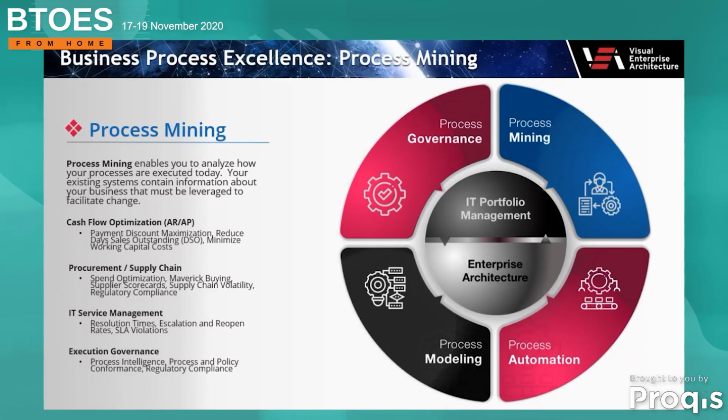Process mining differs greatly from process modeling and process governance. All elements of the quadrant really work together to ensure business process excellence. But process mining brings that capability of looking at this high volume of transactions. You can identify what processes are, you can describe them and capture them in visual representations through process modeling.